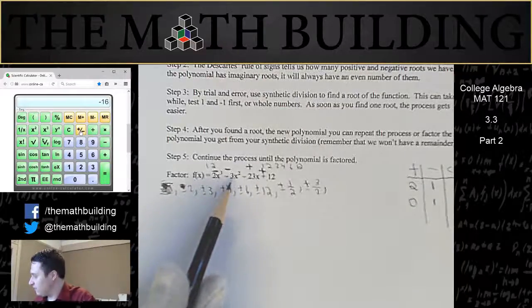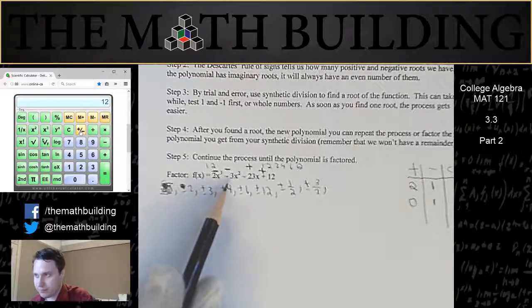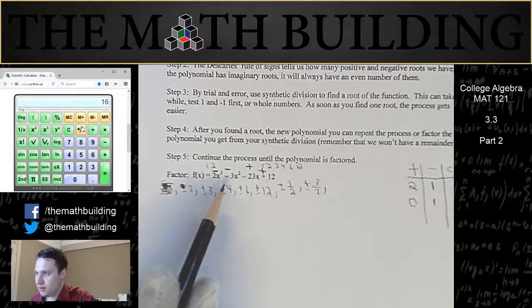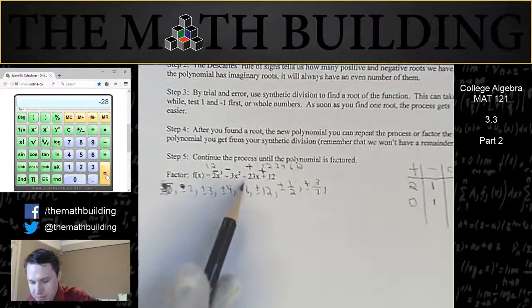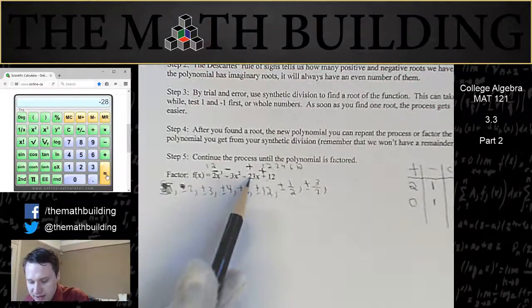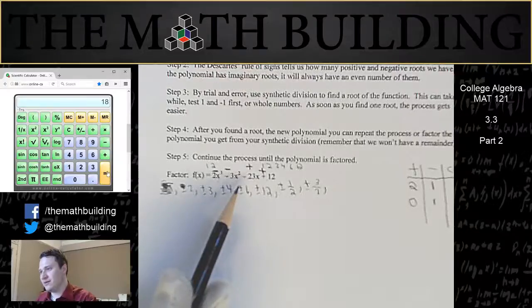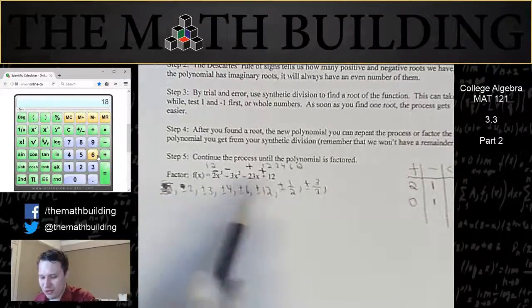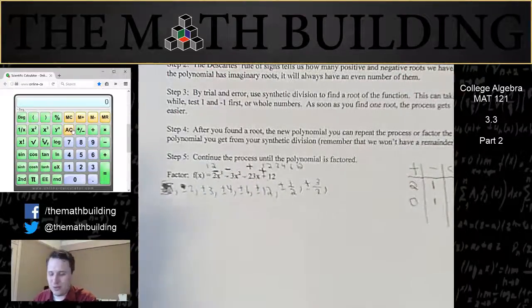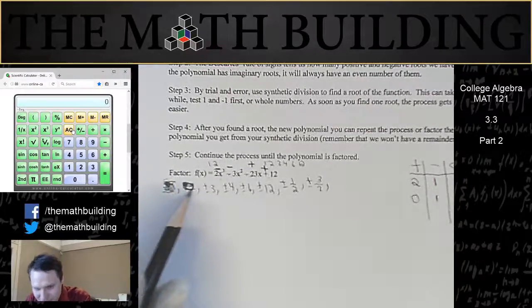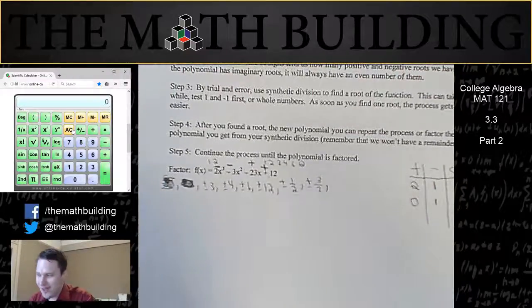So that would be negative 16 minus 12. So negative 2 times negative 23 would be plus 46 plus 12. Dang it! I think we should get 30 with that, but either way, it's not equal to 0. So negative 2 is not an answer. That's okay. Just be patient.